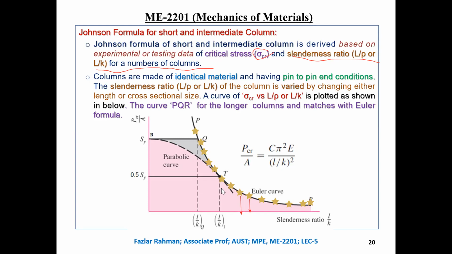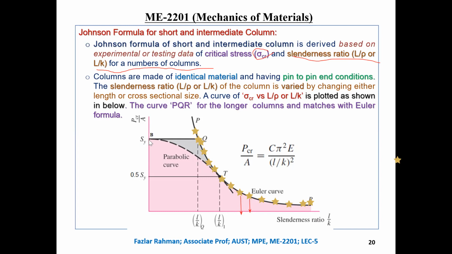The material will fail, right? So if you want the material not to fail, then the stress on the material should not be more than the yield strength. So the maximum stress the column can take is only SY.